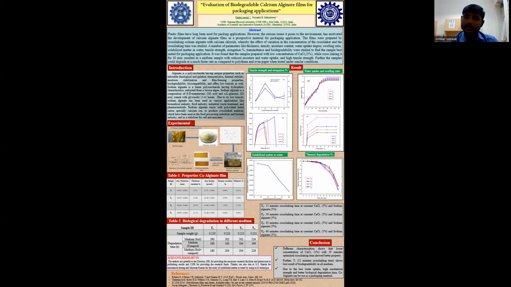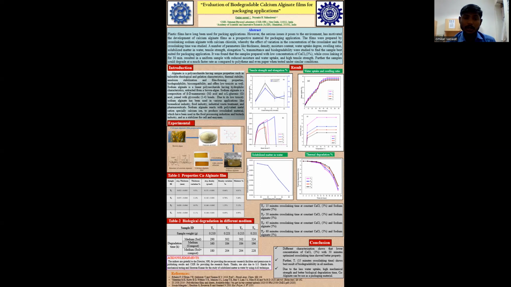When we increase the cross-linking time from T1 to T4, especially in compost, the T1 sample shows the best result in compost and the other media also. But for that sample, the tensile strength was not good.